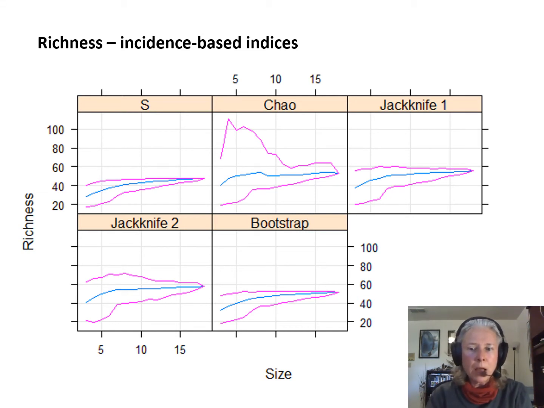And so from these plots, you can see which indices behave weirdly, like looking at you, Chao2, right here. Look at this nonsense. And which ones consistently overestimate or underestimate richness. And here is what you observed. And so what you're doing is comparing how all of these others behave in reference to your observed richness.